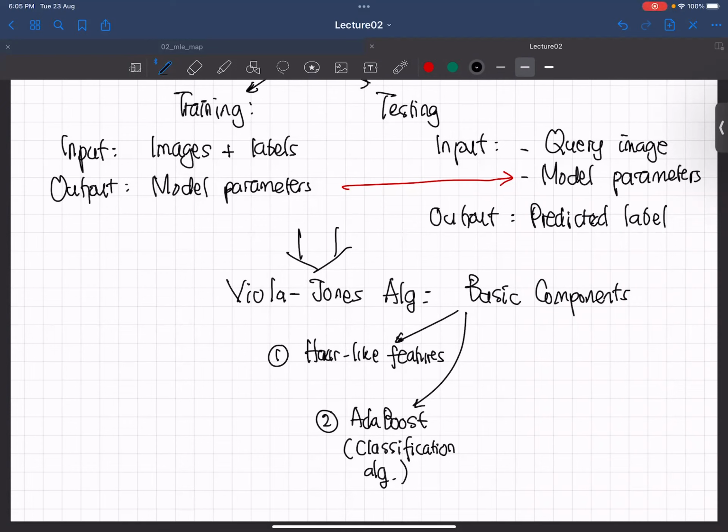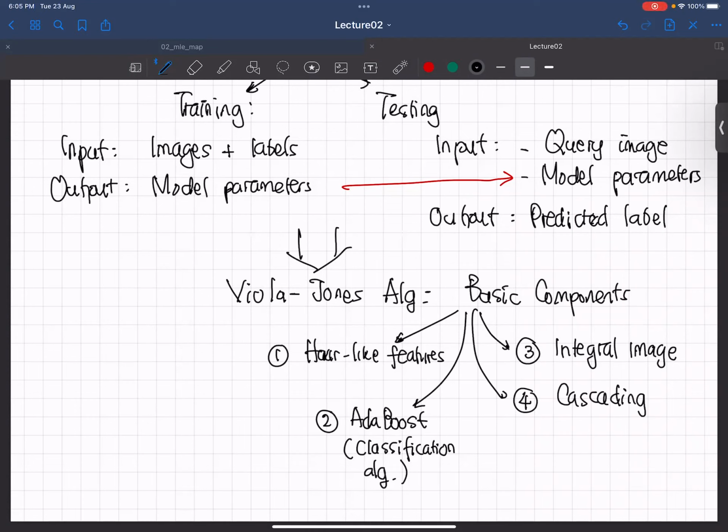For real-time face detection, we need the third component, which is not really basic but is fundamental in Viola-Jones because of the real-timeness, called the integral image. The fourth component is the cascading algorithm.